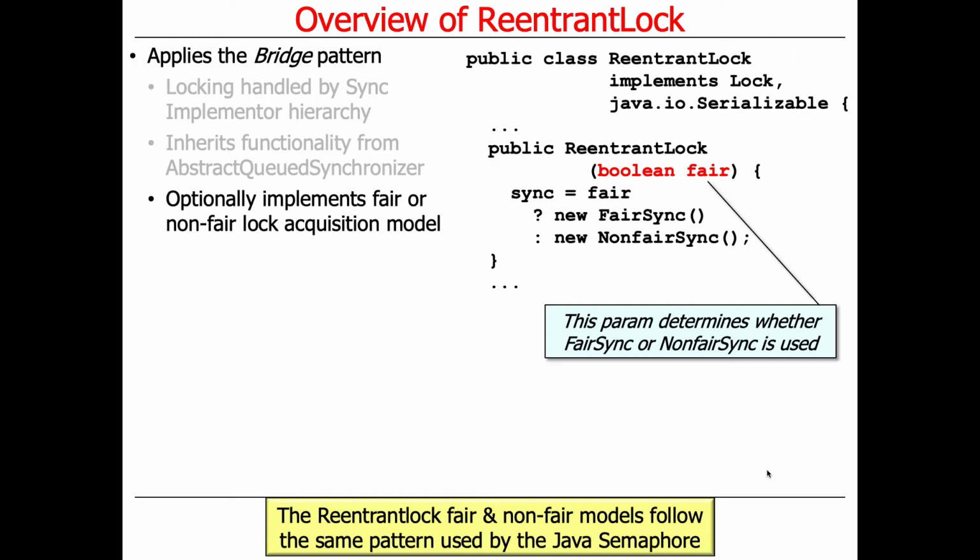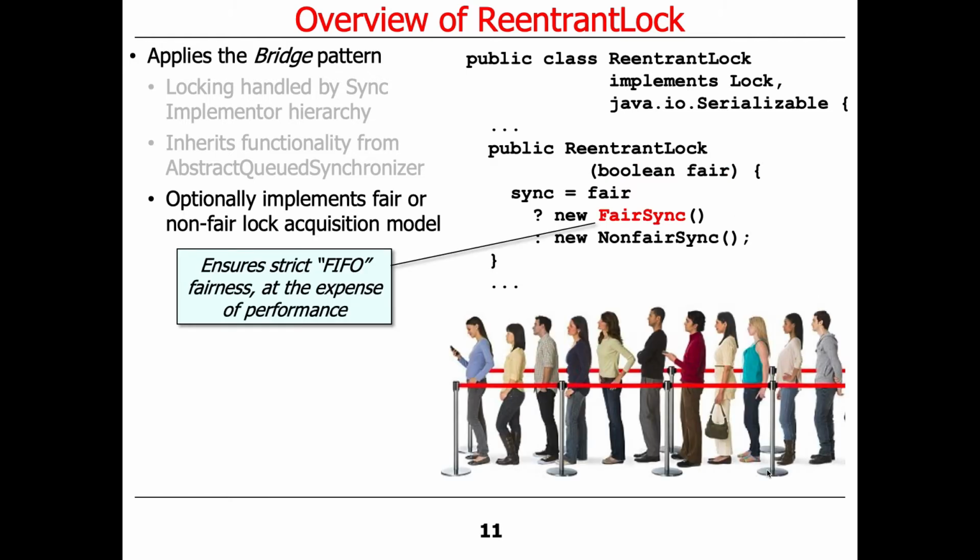This one takes a Boolean called fair, and as the parameter name implies, if fair is true, it'll go ahead and select the fair sync implementation, in which case we'll have strict first in, first out fairness. So the order in which the threads get access to the lock is the order in which they show up. So we have fair synchronization.